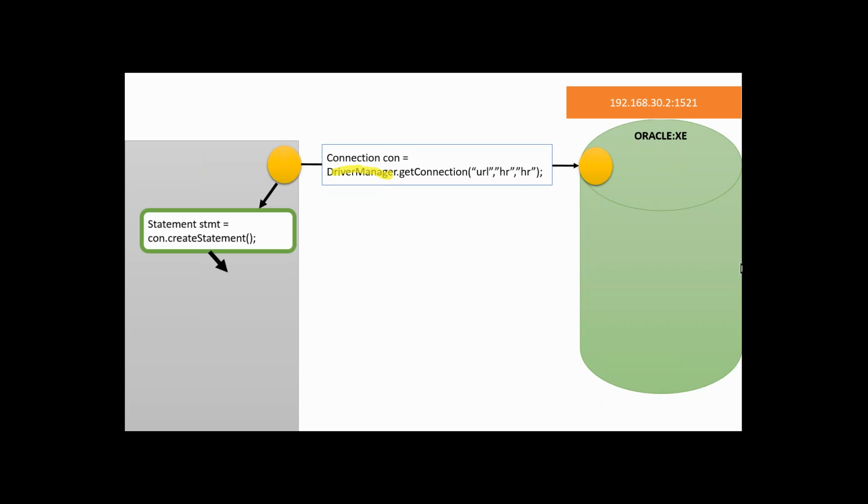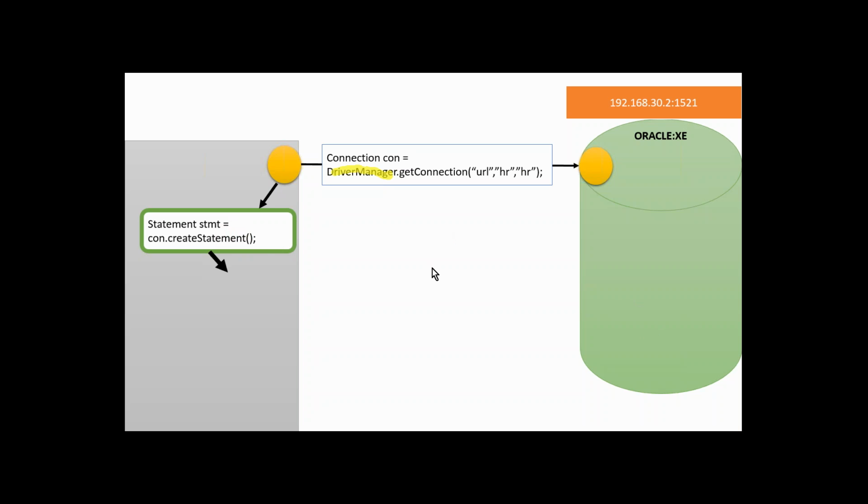With the help of the connection object, you create a statement object. This statement object helps you build the SQL statements to be executed onto the server side, with the help of the driver we have registered.